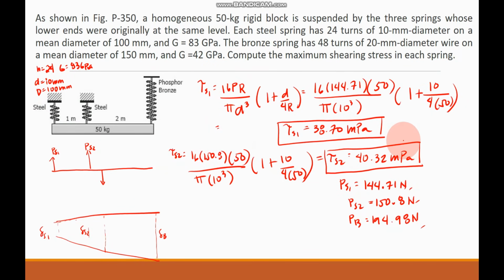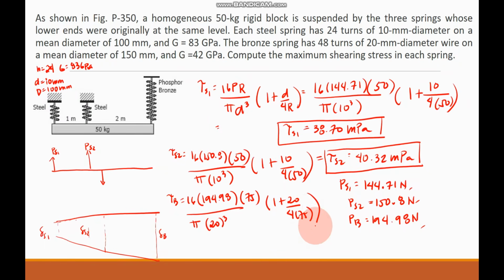And then for the bronze, so 16, P natin is 194.98. Mean radius is equal to 75. And then the diameter is 20 raised to 3 multiplied by 1 plus 20 all over 4 times 75.